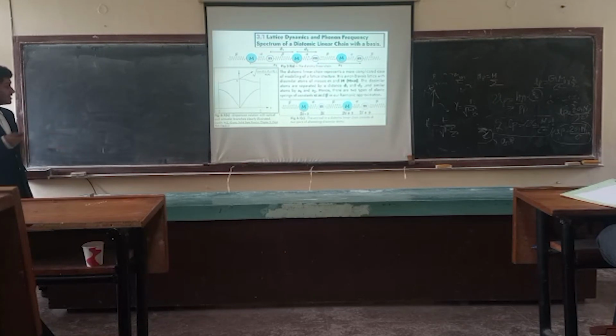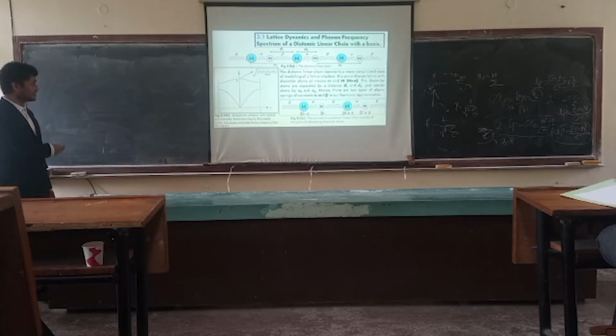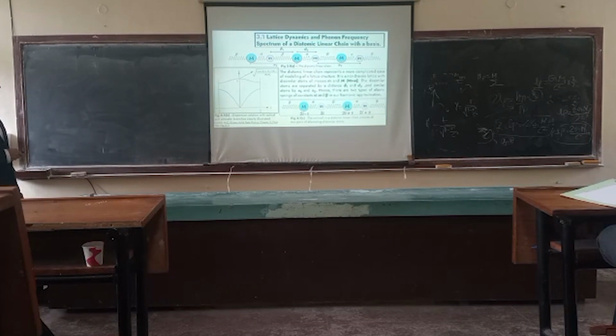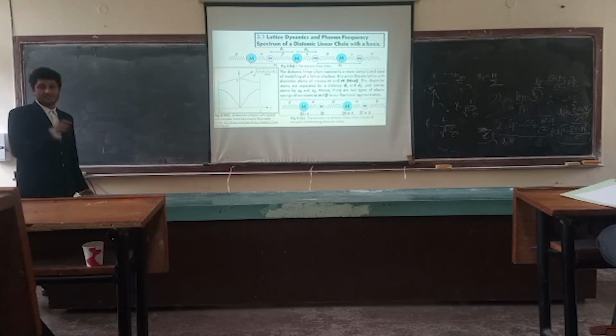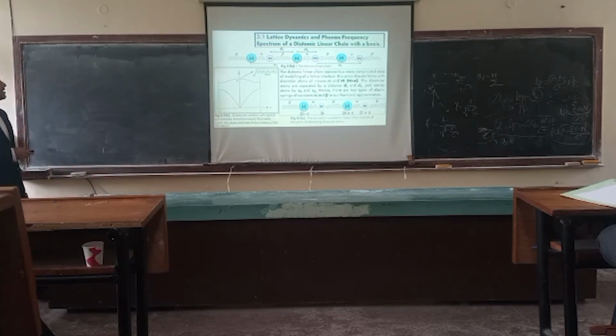Now, when we construct a unit cell for this case, as is visible in 3.1c, we have two pairs of alternating dissimilar atoms. 3.1b showcases the dispersion relation we expect, but of note here is that we have an optical branch and an acoustic branch. An optical branch is essentially when the neighboring atoms have a phase relationship of pi, while an acoustic branch has a phase relationship of 0 between the neighboring atoms.